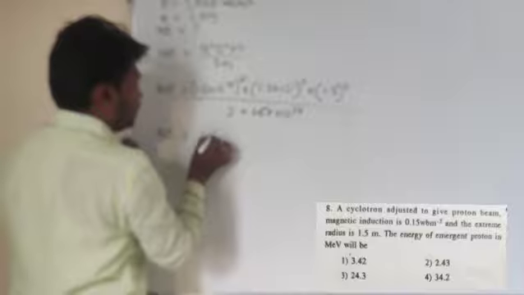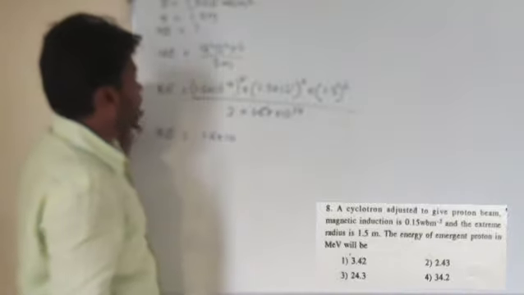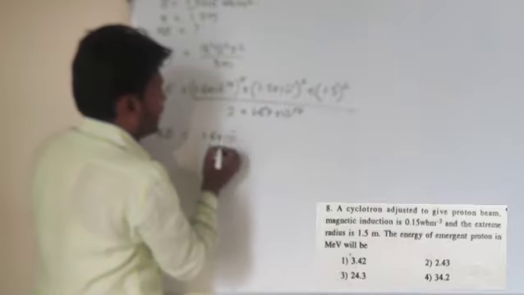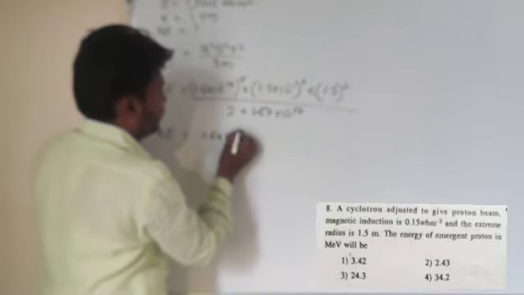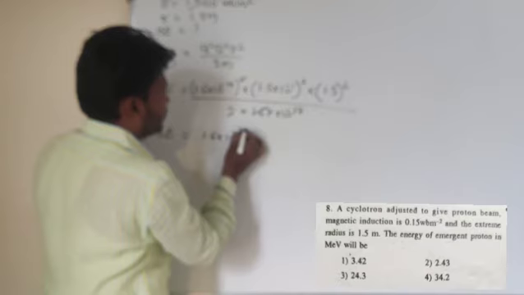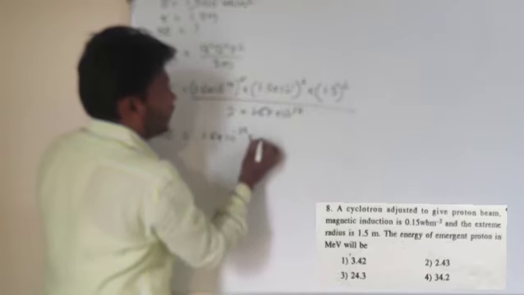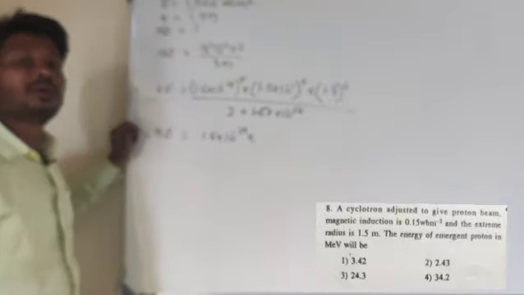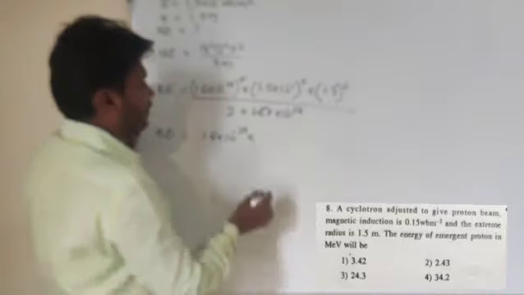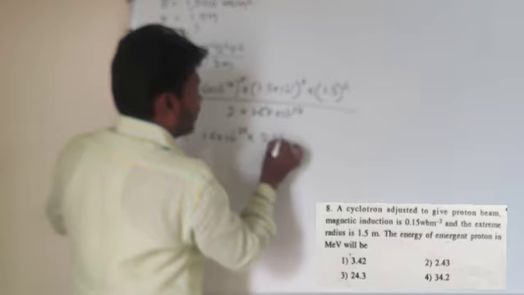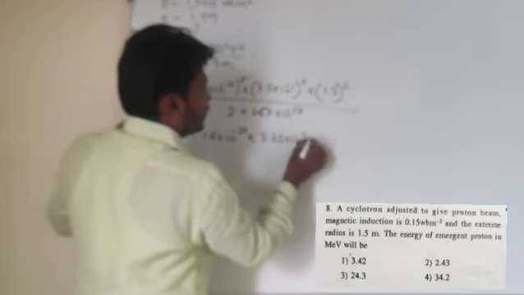Kinetic energy is equal to 1.6 into 10 to the power of minus 38 I can consider, into 1.5 into 1.5. What's that answer? 1.5 into 1.5 is 2.25 into 10 to the power of minus 2.